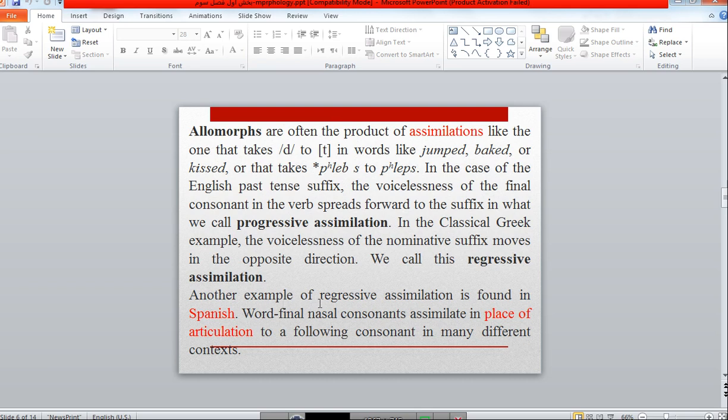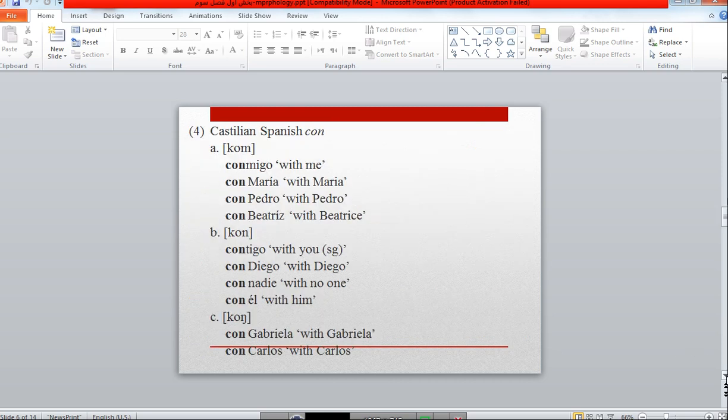Another example of regressive assimilation is found in Spanish, where word final nasal consonants assimilate in place of articulation to a following consonant in many different contexts. You see these examples. For example, we have con, the basic form, the morpheme.